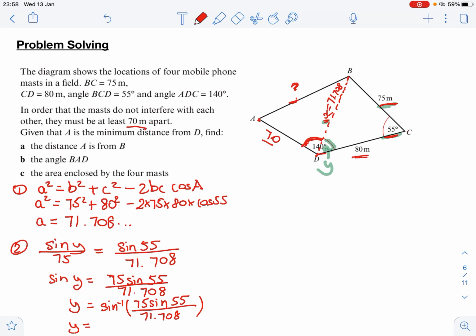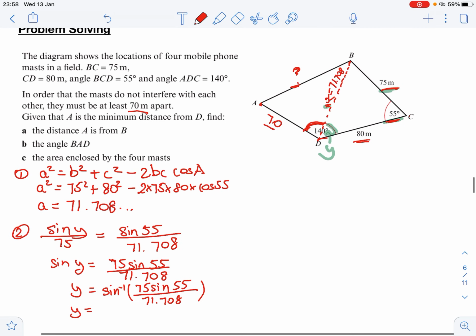If you type it into your calculator, you should have the solution. This angle is equal to 58.954.